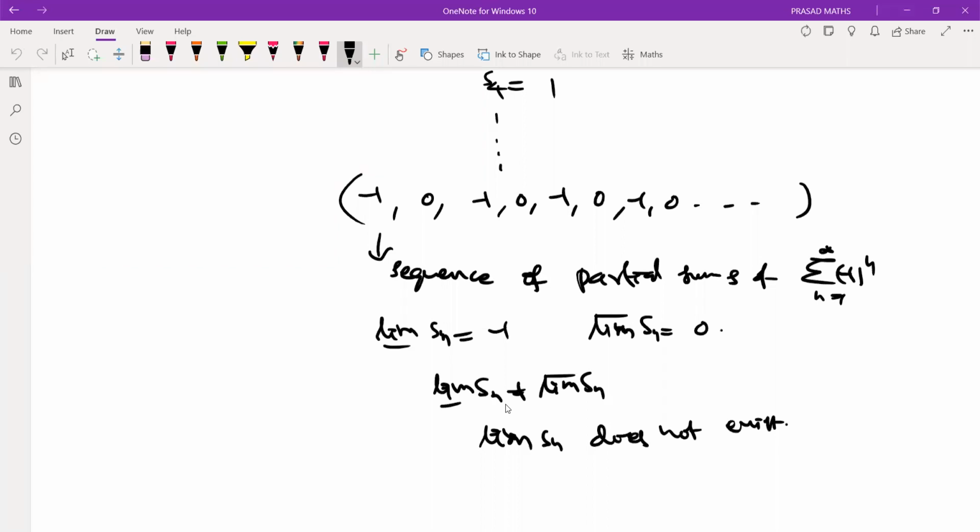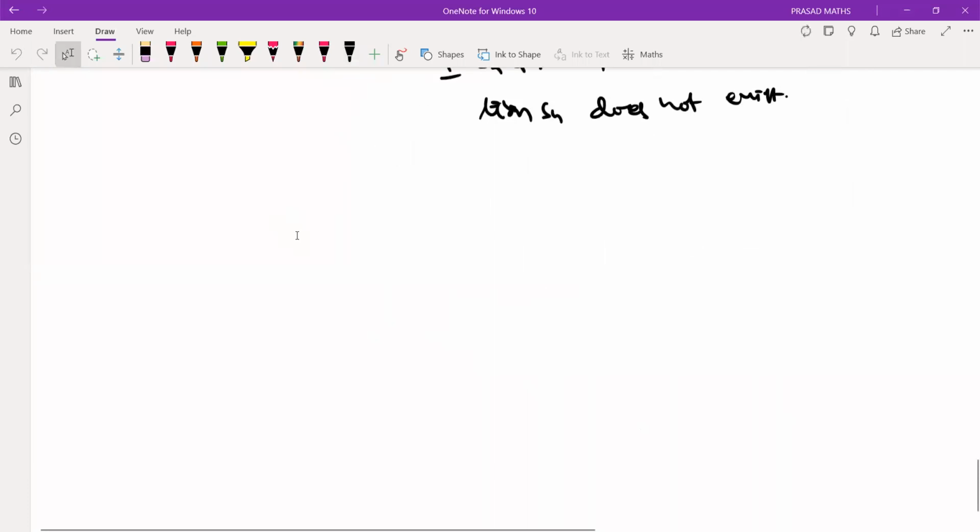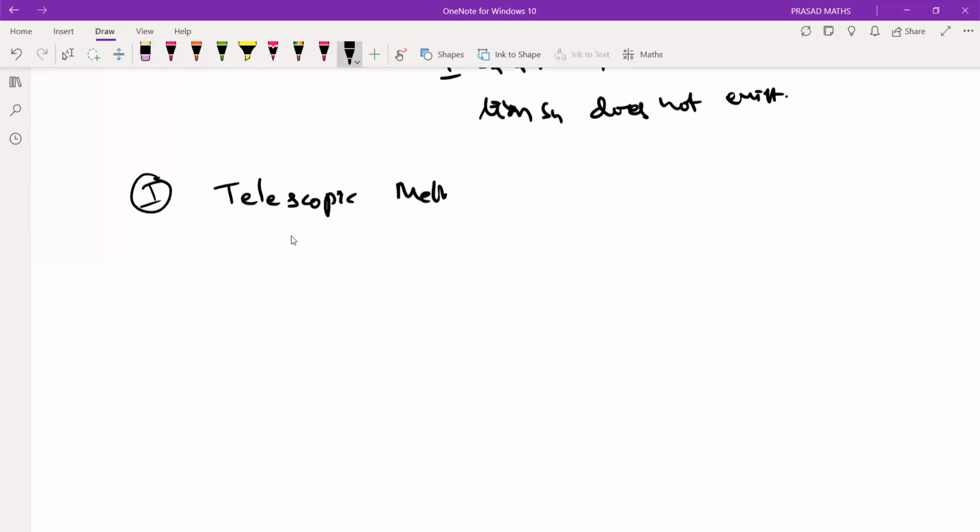Right? So next is how to compute the series value. Generally, we can compute the value of a series through different techniques. The first technique is the telescopic method, which can be used to compute the value of the series.